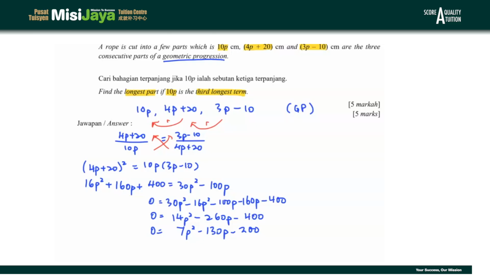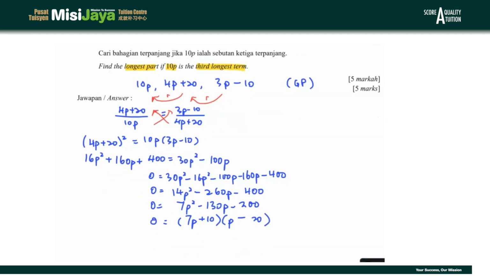So we have 7, negative 130, minus 200. When we factorize into two brackets, we have 7p with p, and here will be 20 and another one will be 10.